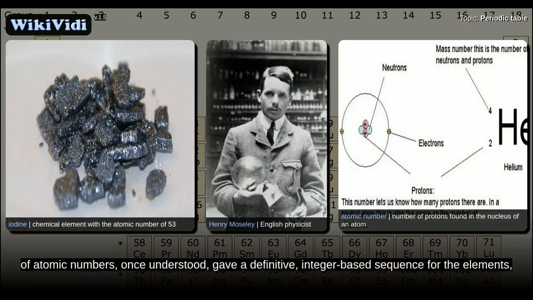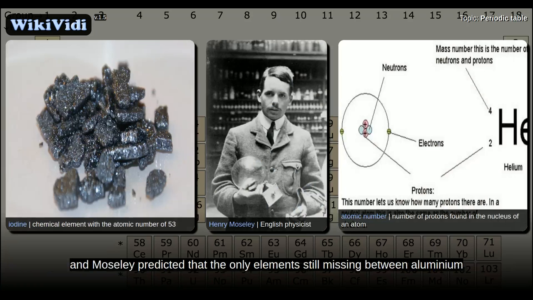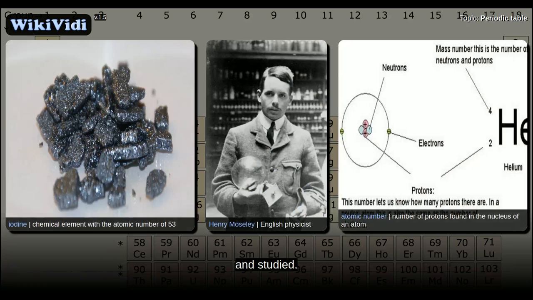Substitution of atomic numbers, once understood, gave a definitive, integer-based sequence for the elements, and Moseley predicted that the only elements still missing between aluminium and gold were Z = 43, 61, 72 and 75, all of which were later discovered. The sequence of atomic numbers is still used today even as new synthetic elements are being produced and studied.